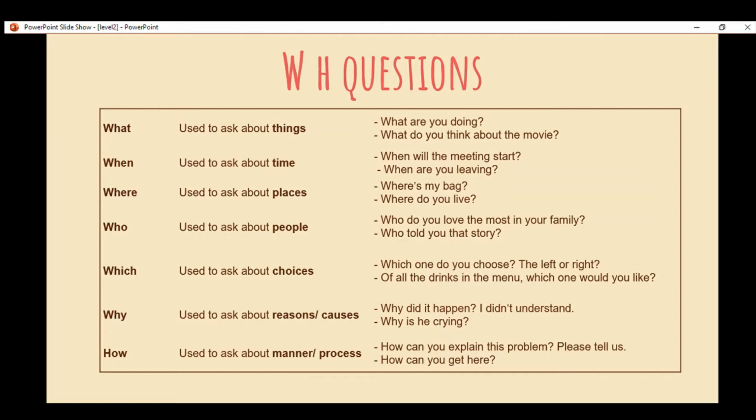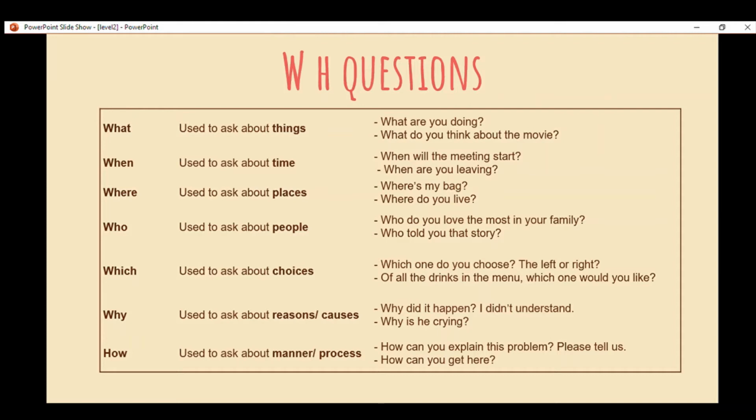For example, what are you doing? Or what do you think about the movie? Next is when. When is to ask about time. Example, when will the meeting start? So you can answer now, tomorrow, or next hour. Or when are you leaving?